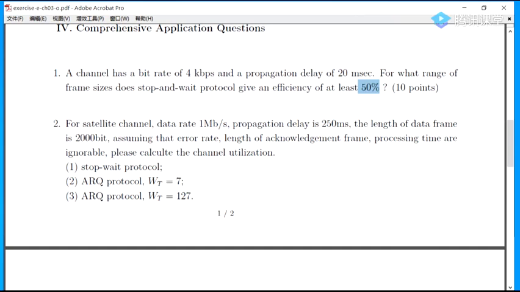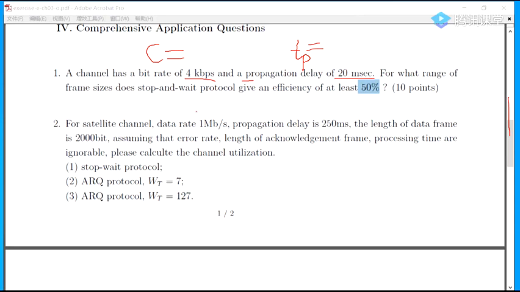The bit rate, capital C, is 4 kbps. The propagation delay, TP, where T means time and P means propagation, is 20 milliseconds.